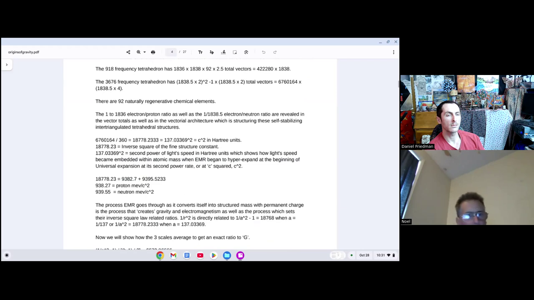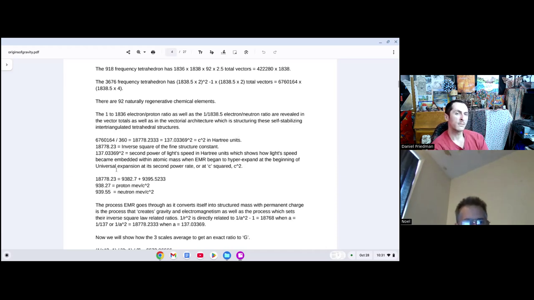So basically, when you take the scale's total number of vectors, right? 6760164, and you divide those by Planck's constant minus 1 times 2, I think that's 6 or whatever, which equals 360 degrees. I'll go over that in a little bit. You get the inverse square of the fine structure constant, right? That's c squared in Hartree units.